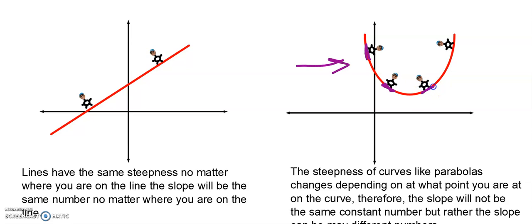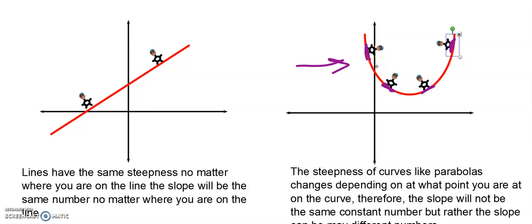Whereas on this side, I'm going uphill. I've started going uphill now, and here I'm really going uphill. So as you can see, the steepness or the slope of this curve or parabola is constantly changing. So its rate of change is not going to be just one number.